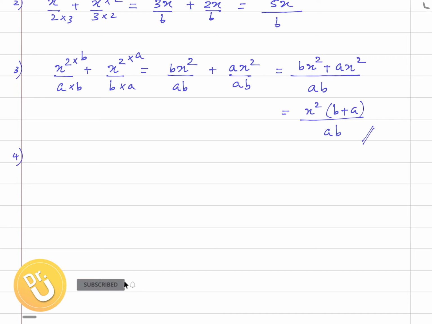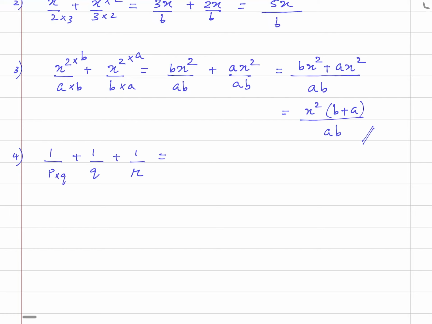Now, in a similar way, if you have 1/p plus 1/q plus 1/r, here we have three terms, so we have to multiply p by q and r, and the numerator by qr. The second term, the denominator by p and r, numerator by p and r.